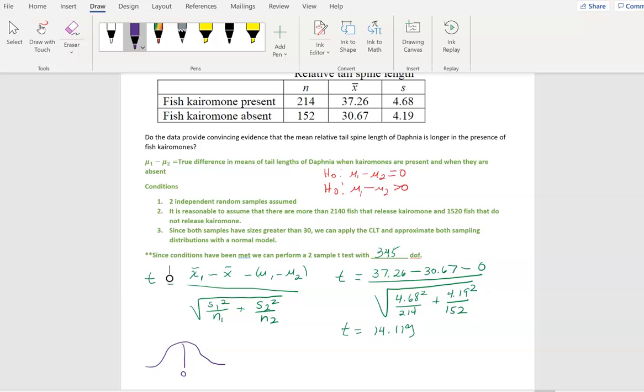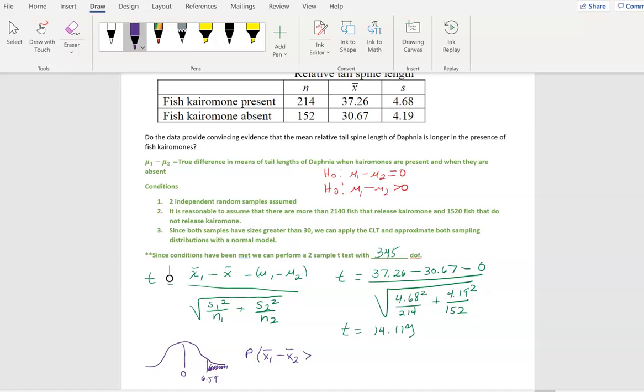So I know that the difference between the means, when I actually calculate it out, is going to be 37.26 minus 30.67, which is actually 6.59. So the p-value is this area to the right. It has to be as great or greater than that test statistic. What's that likelihood? So the notation you're going to use is x bar 1 minus x bar 2.